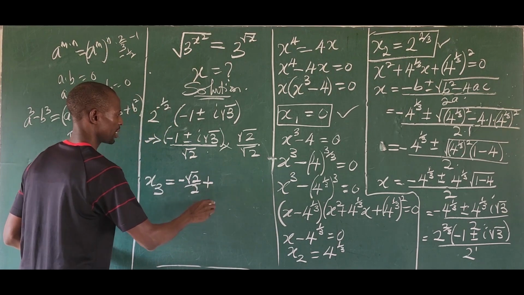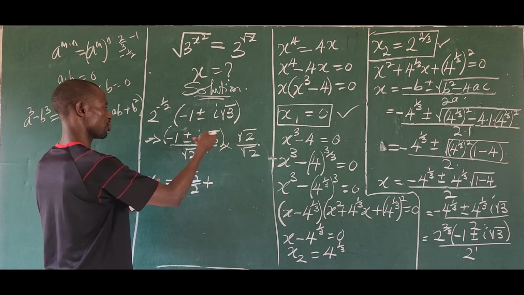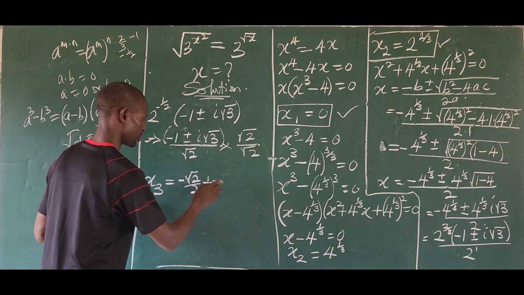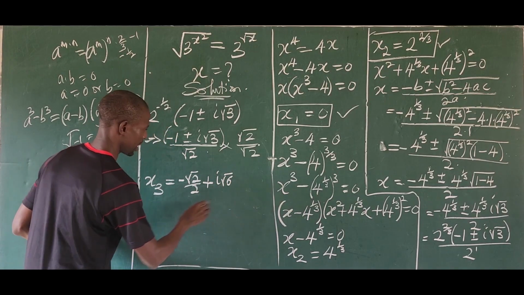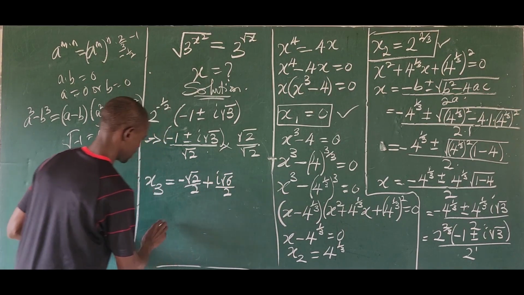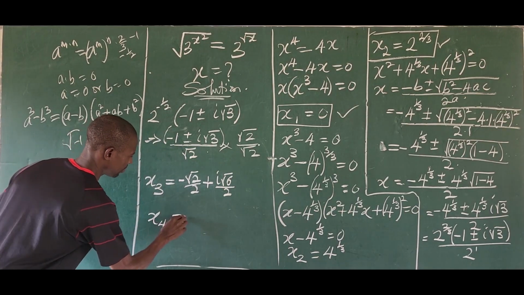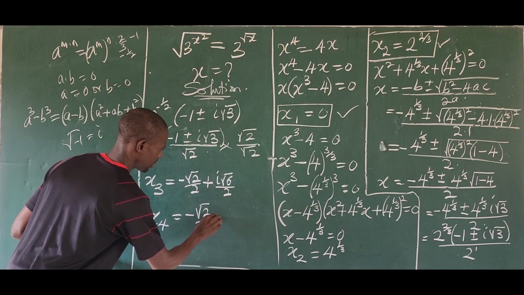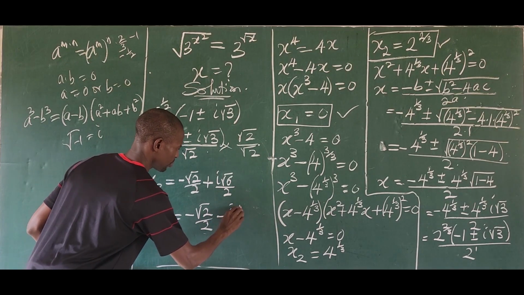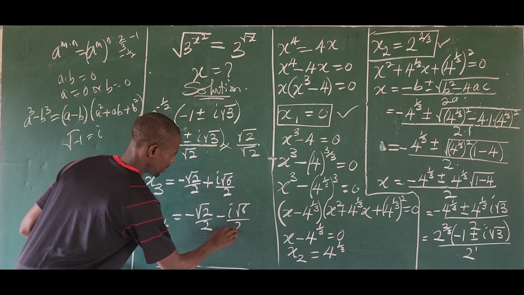Then plus our, because we're going to have root 2 times root 3 here, so it's going to give us root 6. So we have iota root 6. Then all over 2. And our x4 will give us here minus root 2 all over 2 minus iota root 6 all over 2.